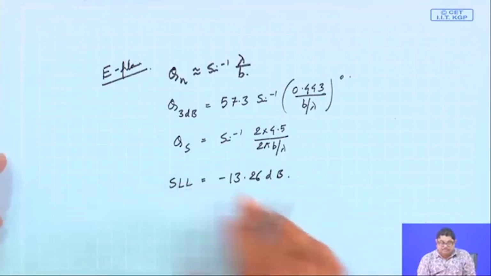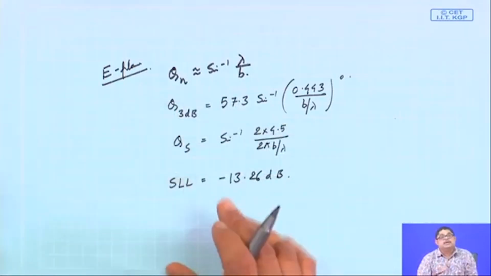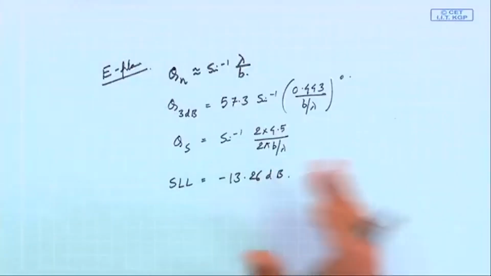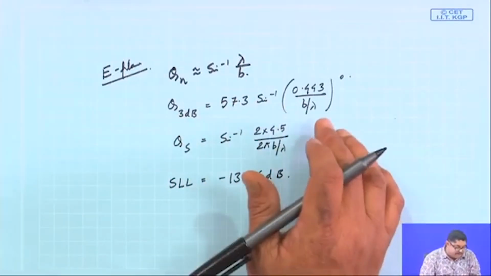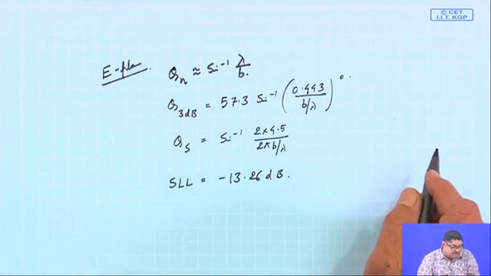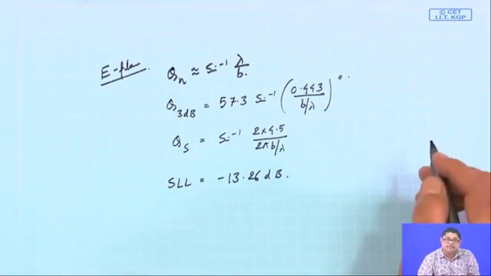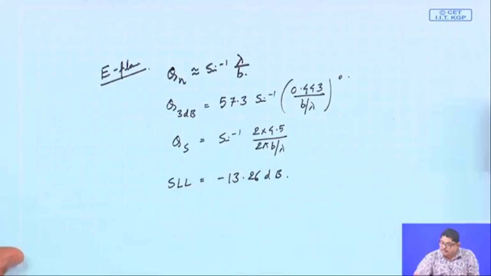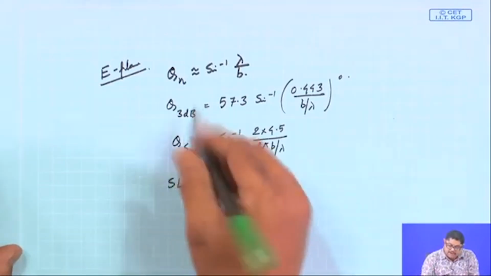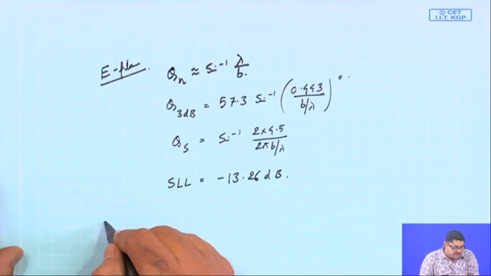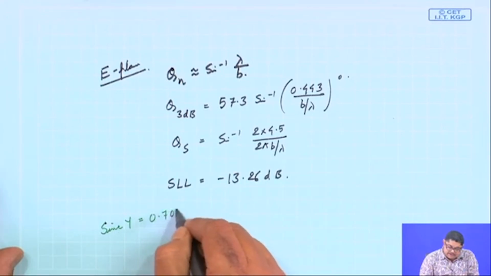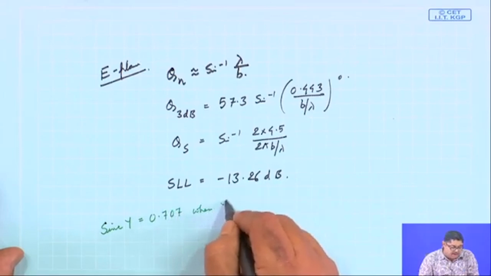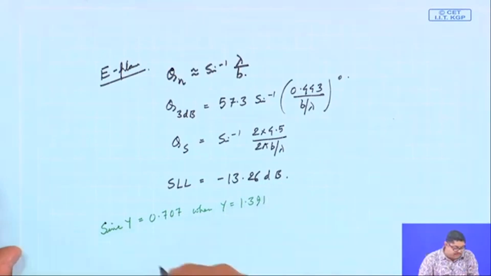I am not going into details, because by the Fourier transform method also we have seen this pattern. You will see that here also you are getting the same pattern, and in the previous example we have seen various values. Sinc values are also important, that you will require here. Please note that sinc of y is 0.707 when y is equal to 1.391.